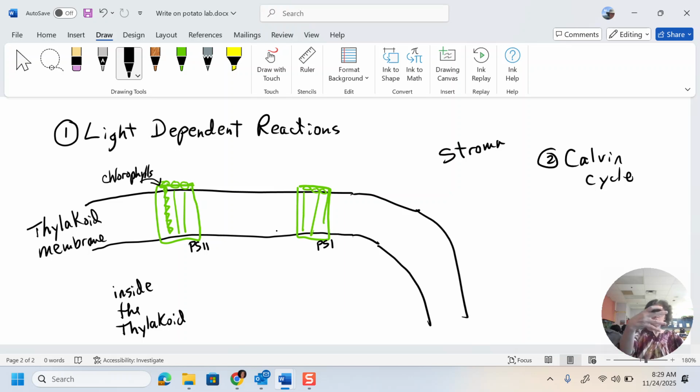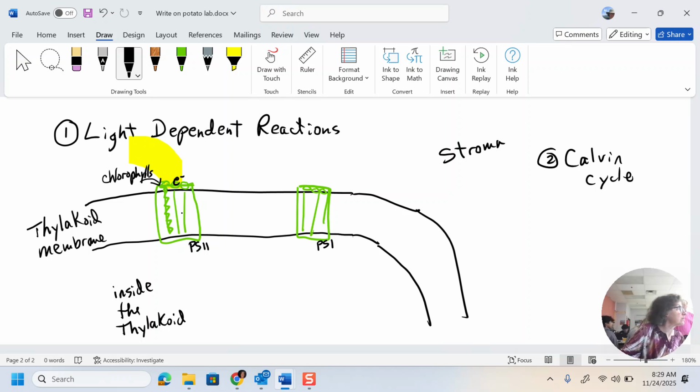So those photosystems are bundles, bouquets of chlorophyll molecules that are ready to catch sunlight and convert its light energy into chemical energy. So here comes the sunlight, right? Sunlight comes along. And the first thing that happens is you have these electrons in the center of the chlorophyll molecules that get excited.